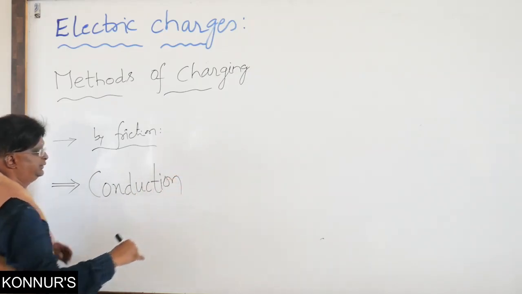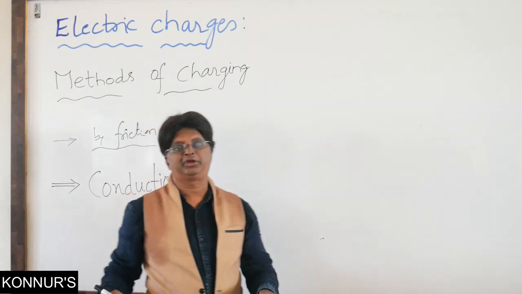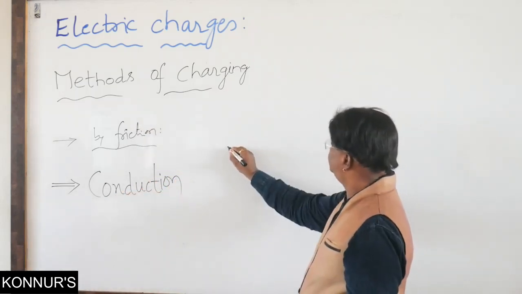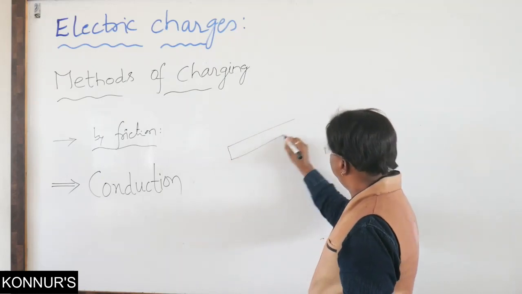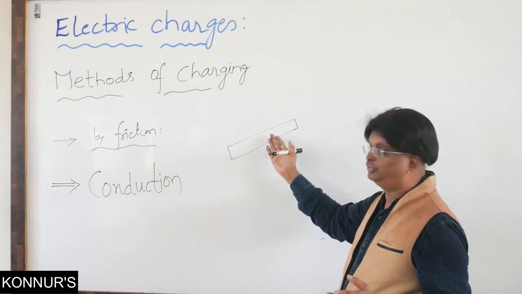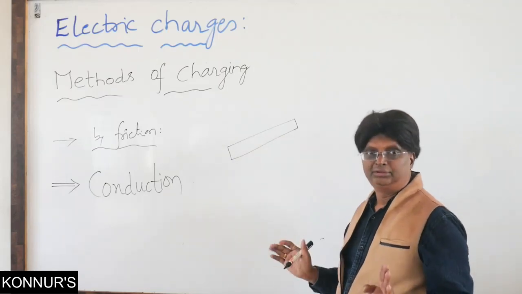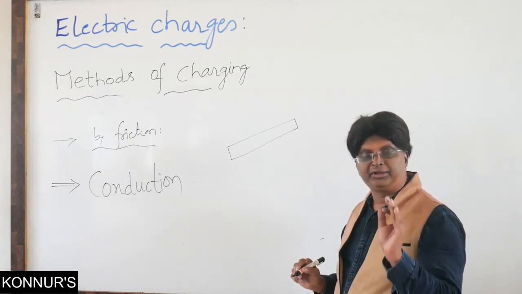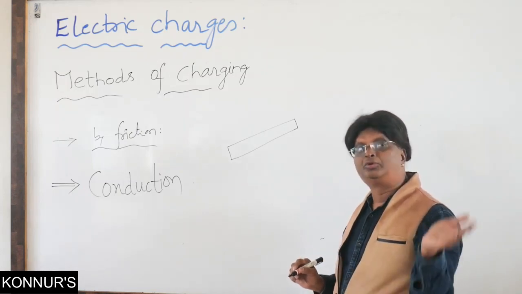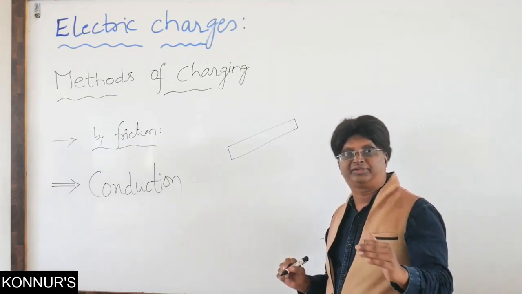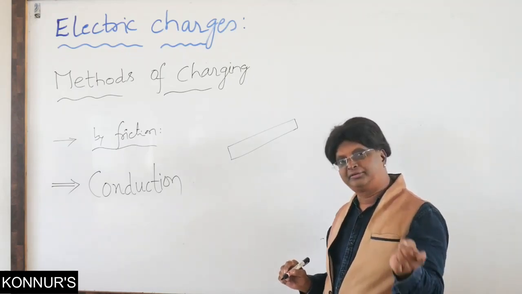C-O-N-D-U-C-T-I-O-N, conduction method. In this conduction method, now you see, here, this is a conductor which is an uncharged conductor. To begin with, there is no excess charge. Always remember, charge on a body never refers to the total charge inside the body. It only refers to excess of positive or excess of negative charge.